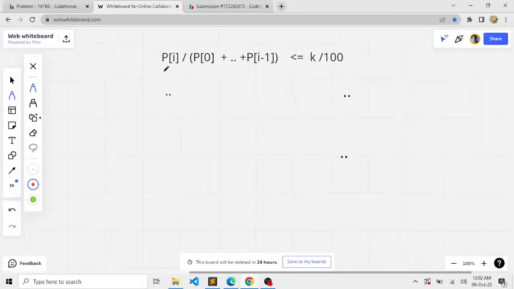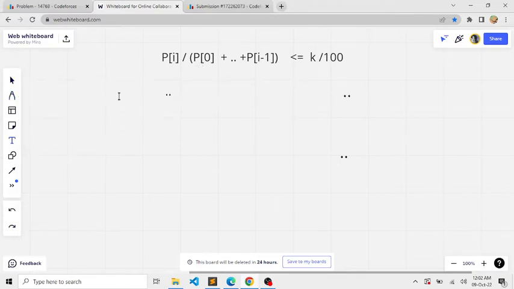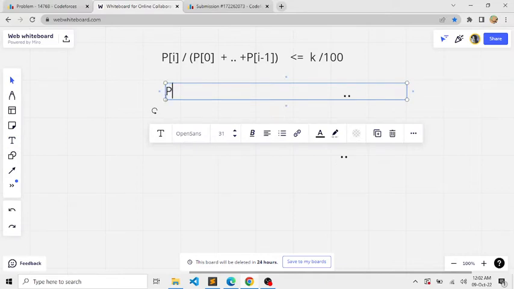Okay. So this was the problem statement. This was the condition that was given to us, that is, pi divided by p0 to pi minus 1 must be less than or equal to k divided by 100. Now this condition must be satisfied for all valid i. So we'll just modify this condition a bit.